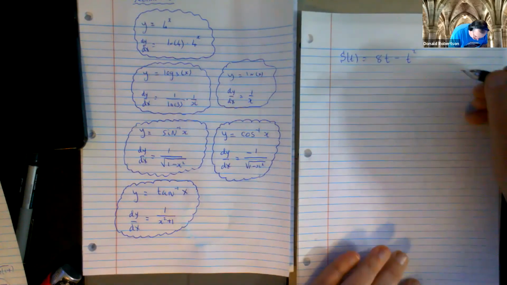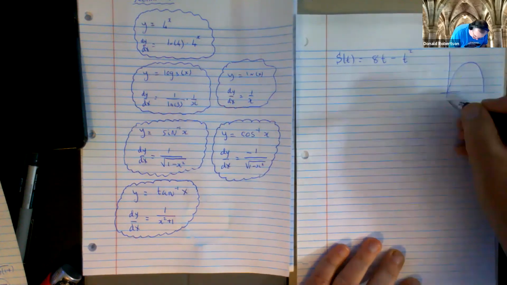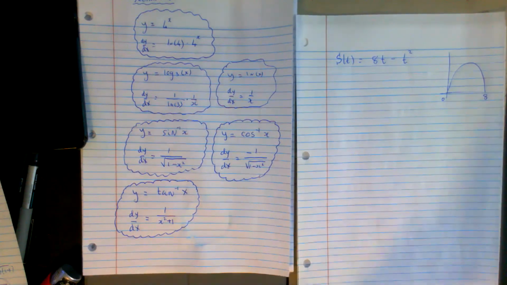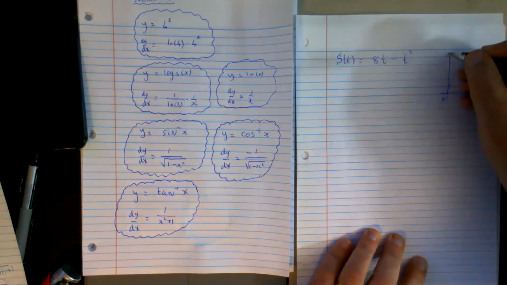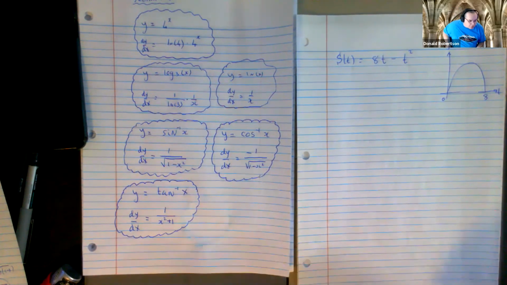Let's have an object being thrown into the air, and over an 8-second time period, that's what its position-time function would look like. So basically, if you get a rock and you chuck it in the air, it goes up and comes down.